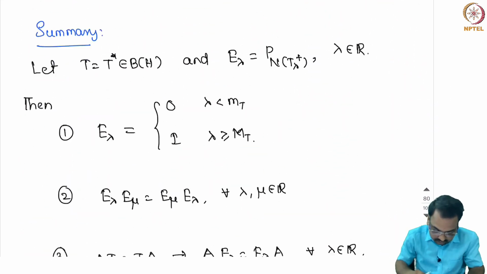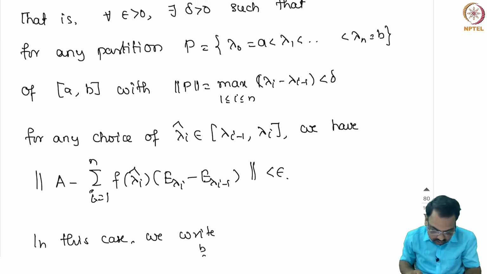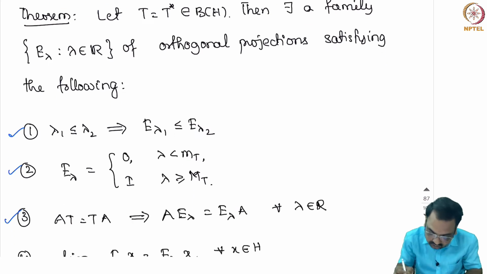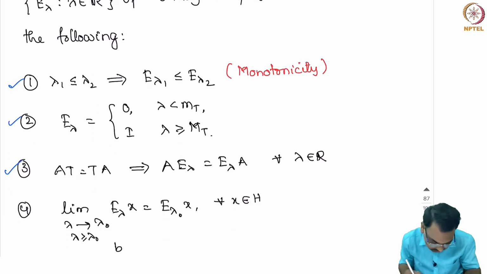Okay, so the first property is known as the monotonic property, and the third one is the commutative property.